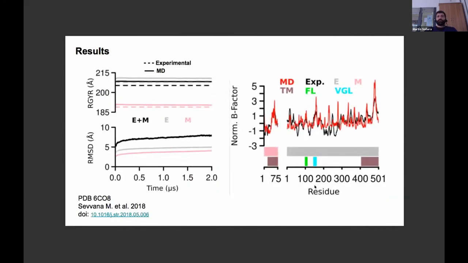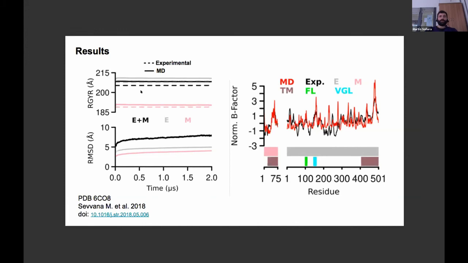In this slide, you can see global molecular dynamics descriptors. At left, you see structural features of the VLP along the simulation. You can see, for example, radius of gyration and root mean square deviation values of each protein component in the simulated system.